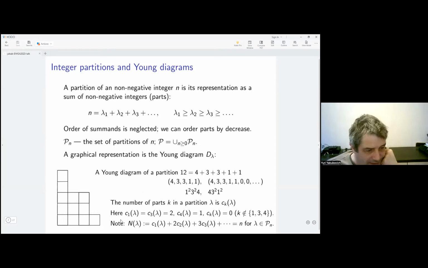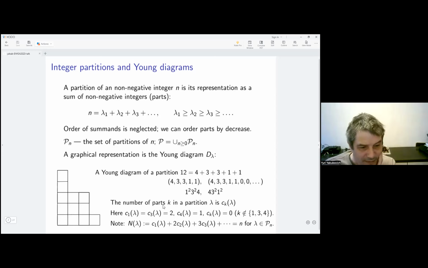So what is a Young diagram? It is a collection of boxes which are arranged in a picture like this. If we have the largest part, we take a row of boxes. These are supposed to be unit squares, so the first row has area 4.